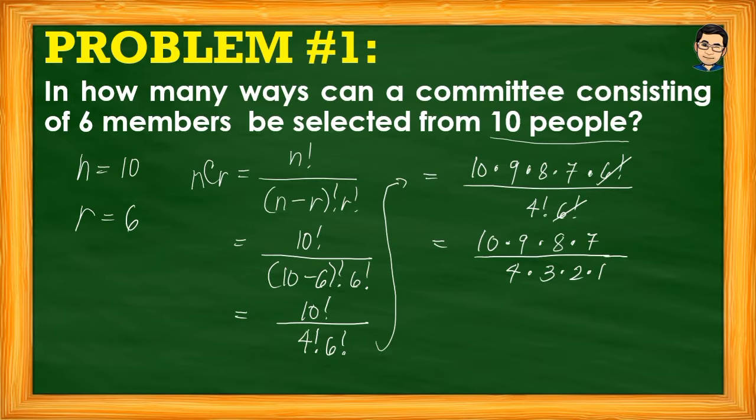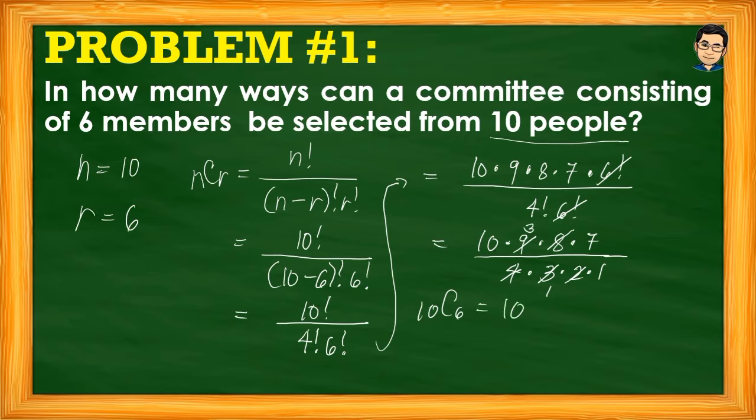Ayan. And then, cancel natin yung 4, tsaka yung 2. So, kapag minultiply kasi natin yun, 8. So, maka-cancel po yung 8 sa numerator. And then, yung 9 naman, tsaka 3. So, 9 will become 3. And then, 3 will become 1. Then, we will multiply the remaining factors.